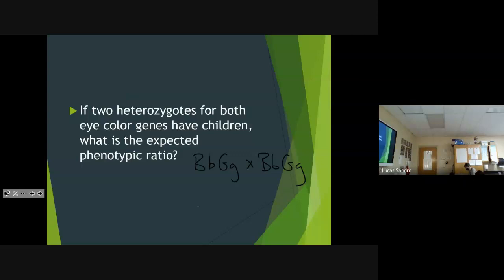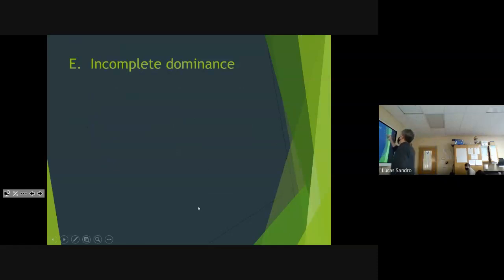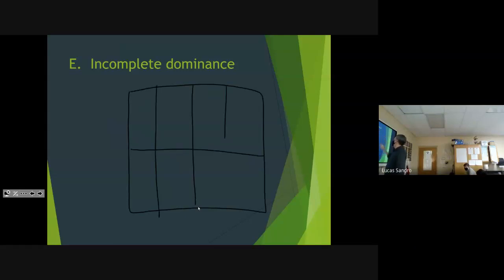Okay, most of you are remembering. A couple of you have slid back into the way you did it wrong the first time. Make sure that every row and column has a B and a G. Right, because we're going this way and this way.